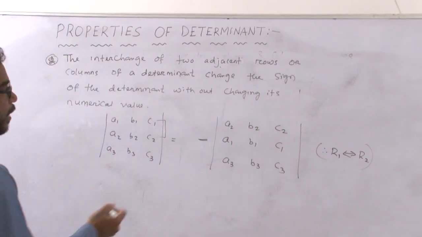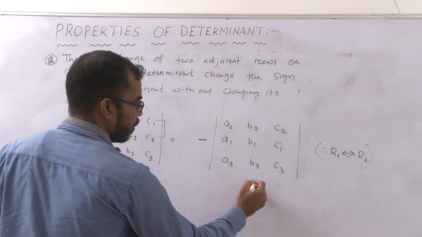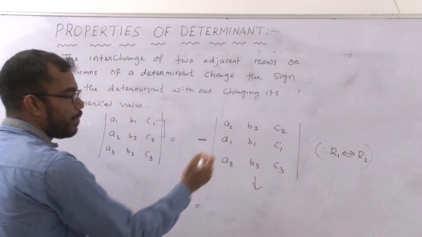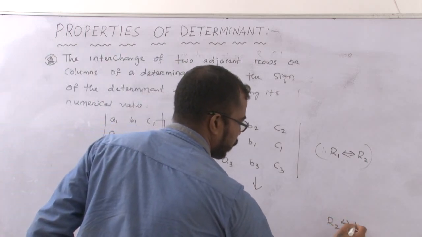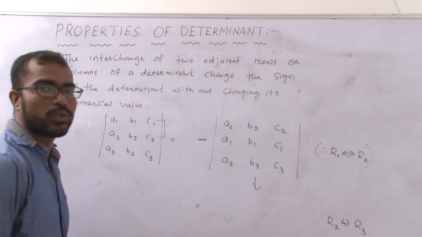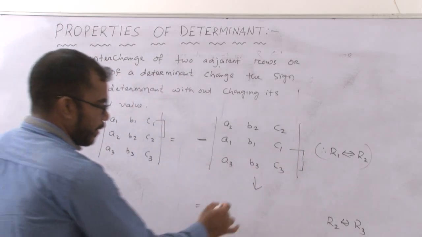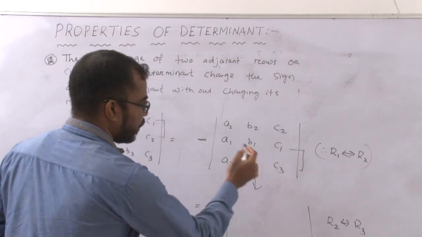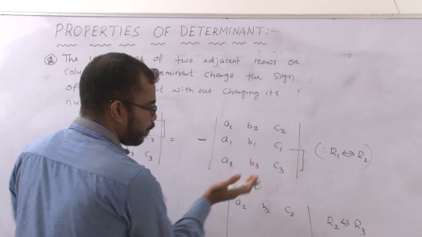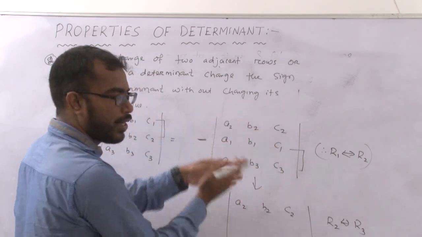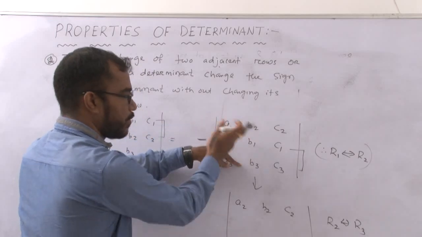Okay. Similarly, suppose we interchange R2 and R3, row 2 and row 3. Here R1 is A2, B2, C2. If we change R2 and R3, we write R2 in place of R3 and R3 in place of R2.